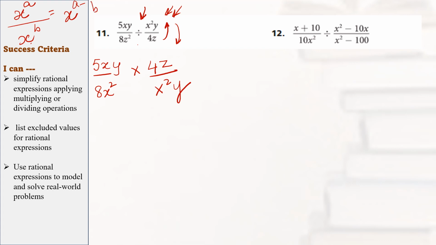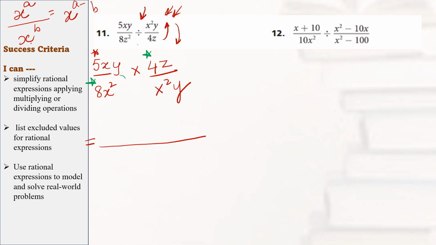Now over here, to make our lives easier, just write down the numbers. If calculators are allowed, the numbers are 5, divide by 8, and here is 4. So you can just write the numbers in the calculator.